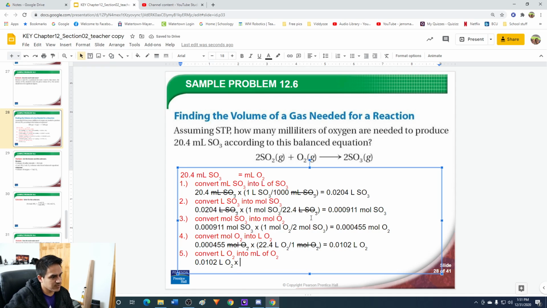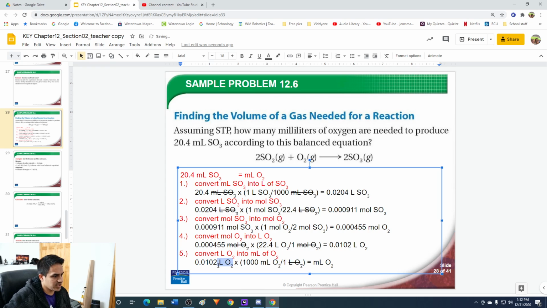We're going to convert back into milliliters by using the conversion factor of 1,000 milliliters per 1 liter. So we're going to get into milliliters of O2. Since we're starting with liters of O2, 1,000 milliliters of O2 will be on the top. 1 liter of O2 will be on the bottom. So that way, liters of O2 cancel out with each other.